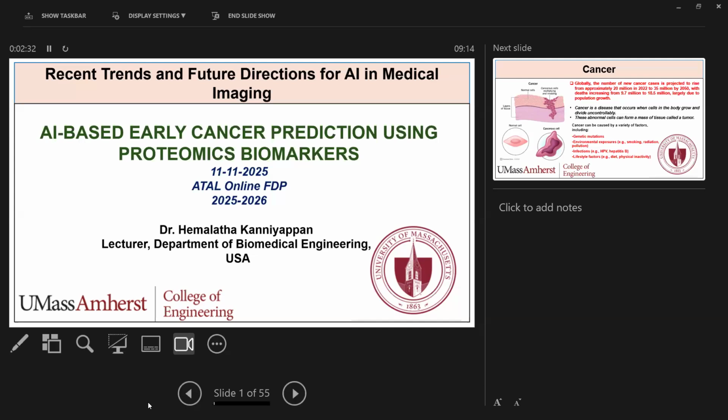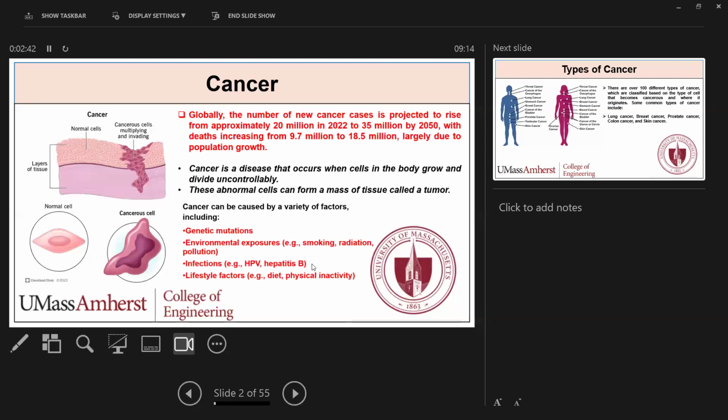To start with, we all know cancer is a deadliest disease or disorder, right? But we actually do not know how exactly it is deadly.